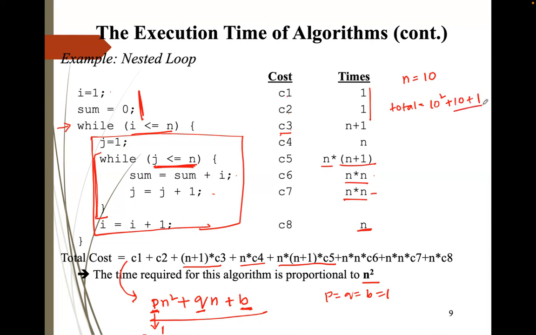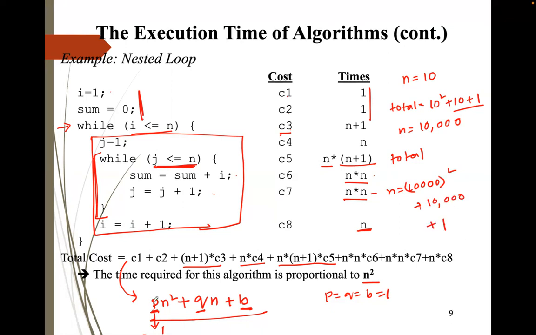But if n equals 10,000, you can see that the total will be 10,000 square plus 10,000 plus 1.